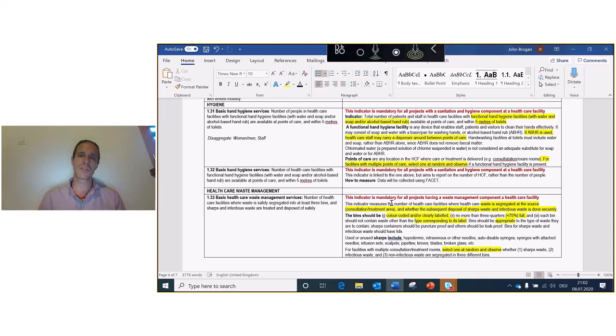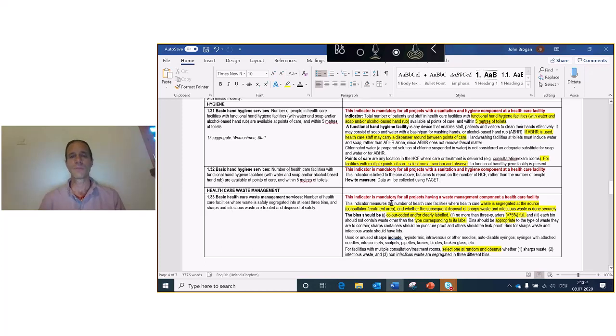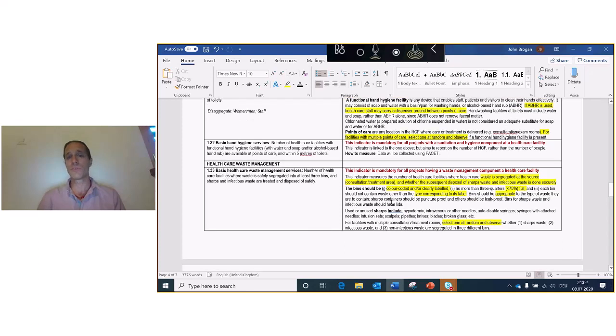Any treatment room or consultation room should have a hand hygiene facility. It can be something like a sink with a tap and a soap facility. It could also be something very basic like a basin and a pan for pouring water. In places where there are multiple points of care, which will be common, you can select one at random and observe the situation in that point of care.